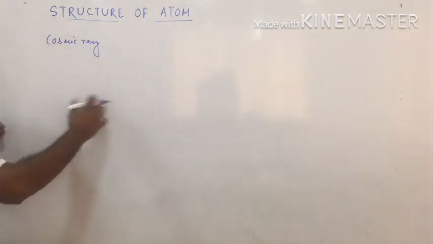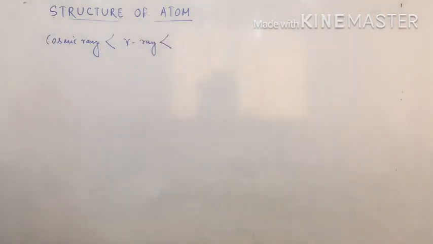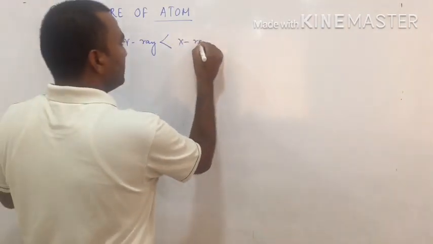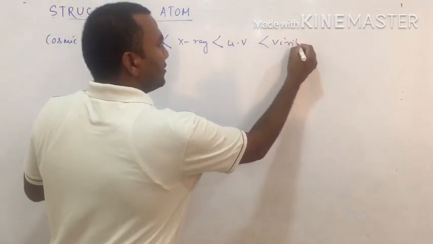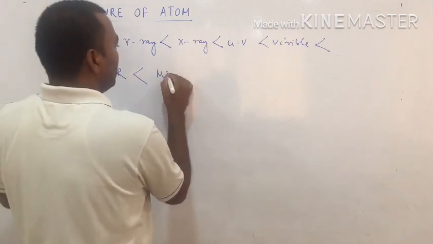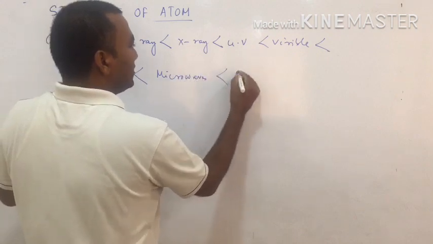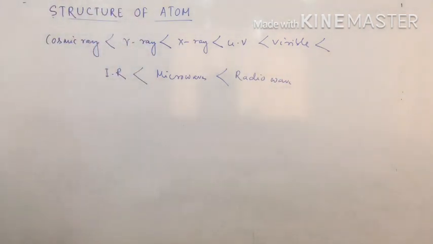You remember it because these rays are emitted from cosmic bodies. Then gamma ray, X-ray, UV, visible, IR, microwaves, and radio waves.